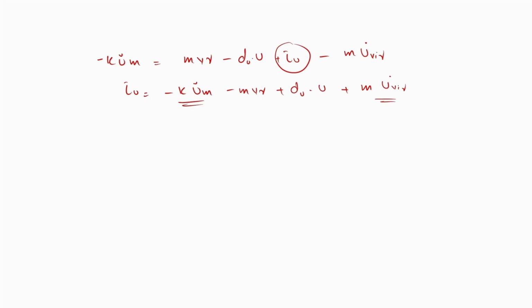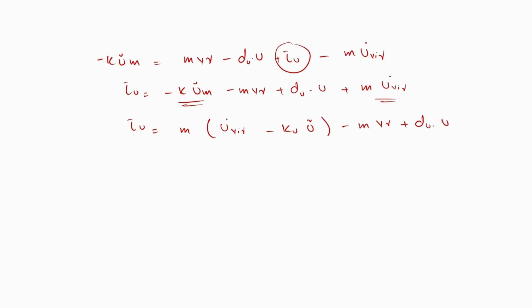Okay, so let me write these together. So tau u is equal to, this is multiplied with m, okay? So this will be m u virtual dot minus ku u tilde m minus mvr plus du times u.